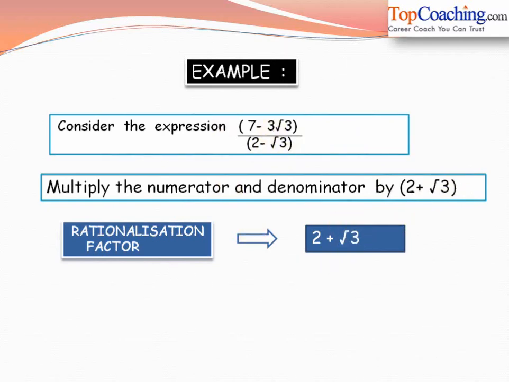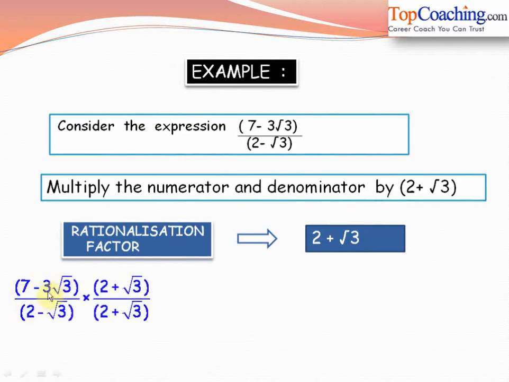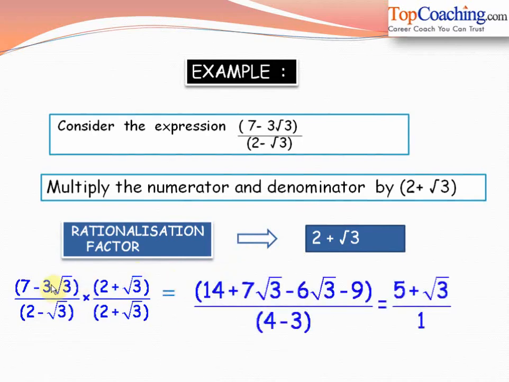Now let's see what exactly happens after rationalization. (7 minus 3 root 3) divided by (2 minus root 3) into (2 plus root 3) divided by (2 plus root 3). We multiply the numerator and denominator by the same rationalization factor. Now the numerator becomes 14 plus 7 root 3 minus 6 root 3 minus 9, and the denominator becomes 4 minus 3.